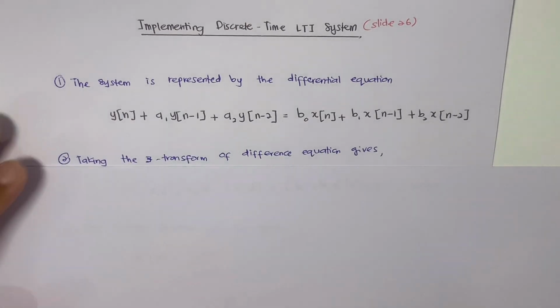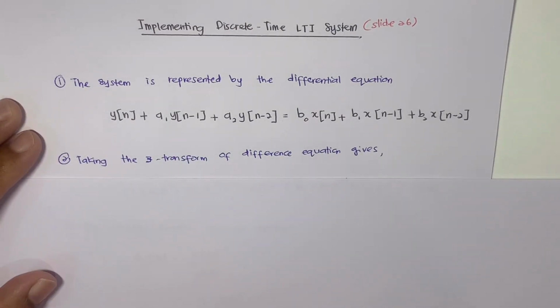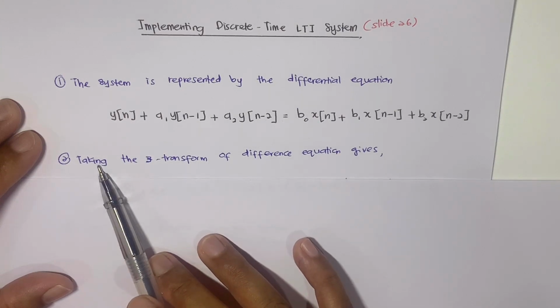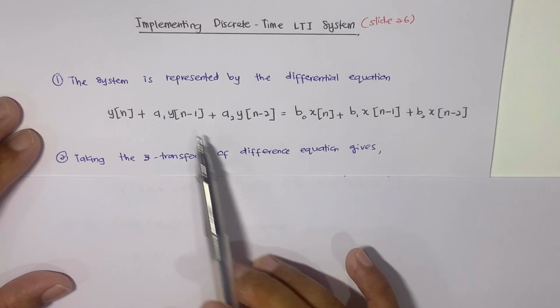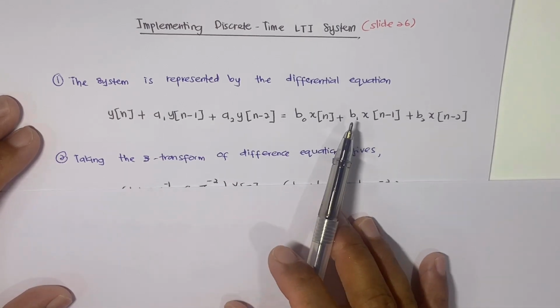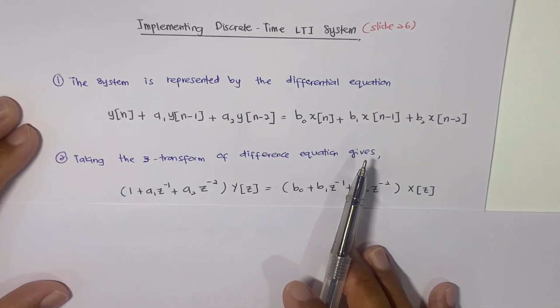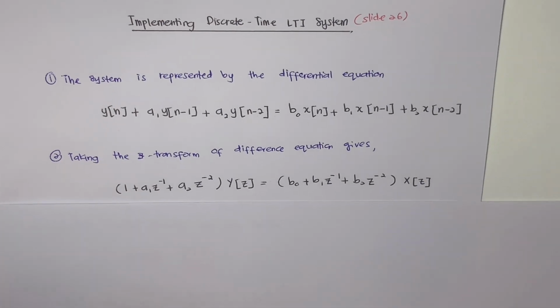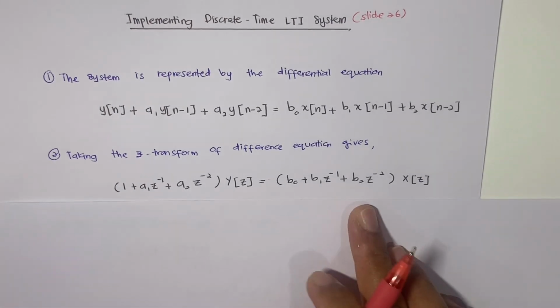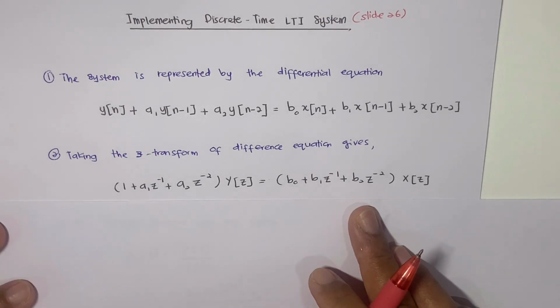The second part is we need to take the z transform of the difference equation given. We change it to the z transform. This is the answer after you factorize. I will explain to you.